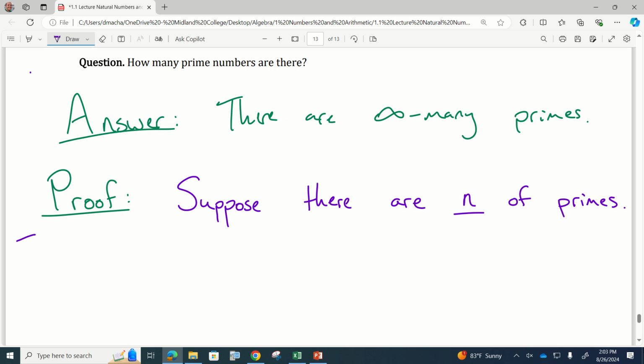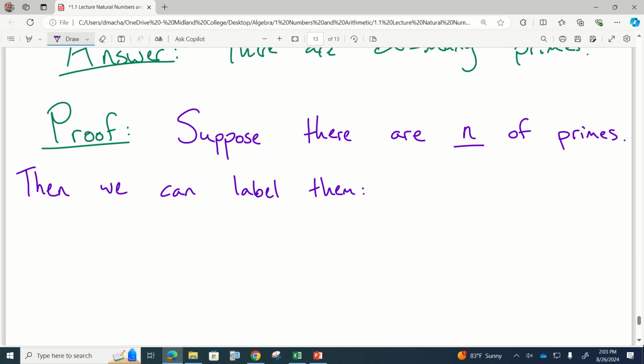Then we could label them. This is what I mean by labeling them. The number 2 would be my first prime. The number 3 would be my second prime. The number 5 would be my third prime.